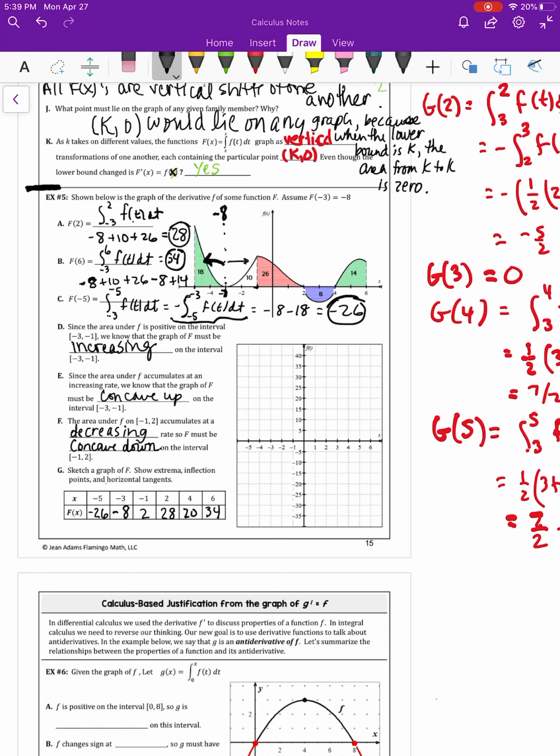Okay, so now we've got all of these points, and we're going to plot our points. Negative 5, negative 26. Negative 3, negative 8. Negative 1, positive 2.